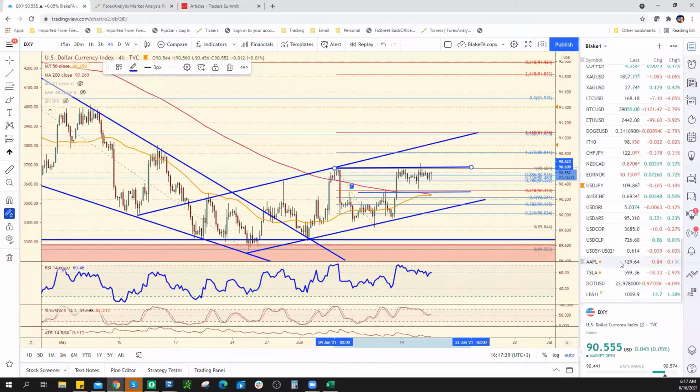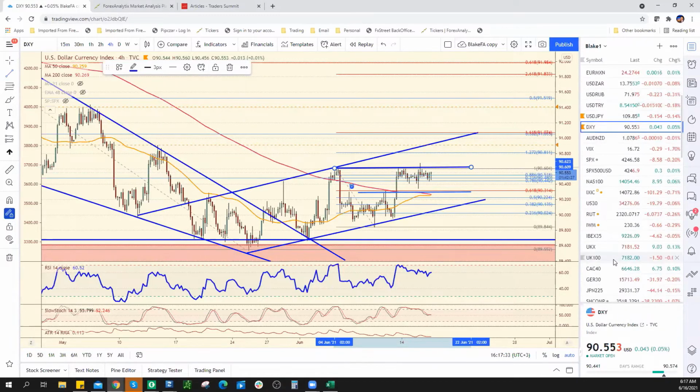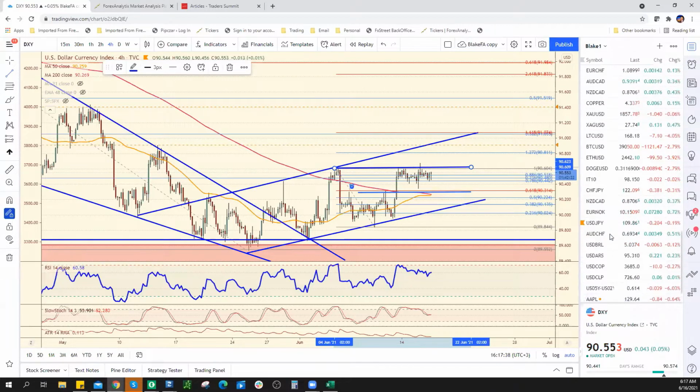Because today gold could move anywhere. I want to say it's bullish while it's above 1845, and truly, I think it still is while it's above the 200-day moving average. Shoot, here it is.